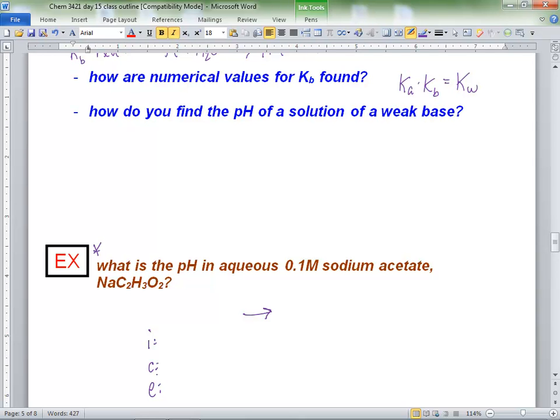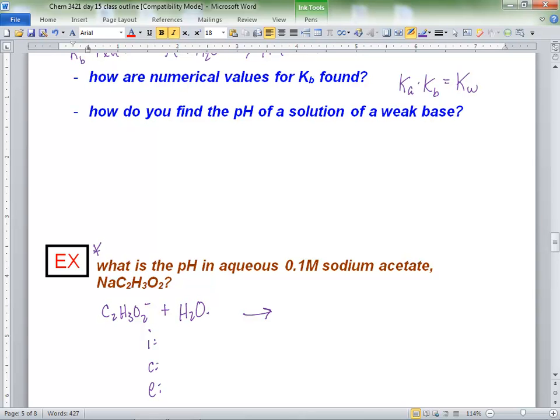So how do we write the Kb reaction for this? What would you write? You could write this whole thing, but I think it'd be easiest to leave off the sodium. Otherwise, you have little spectator ions. So just write this part, plus what, everybody? Water.